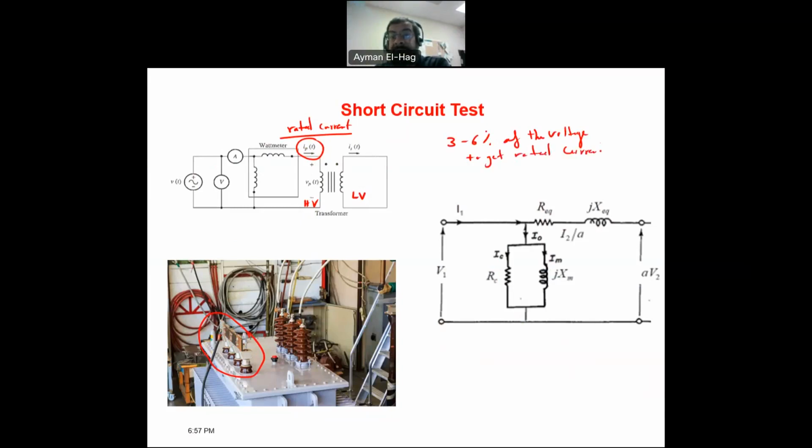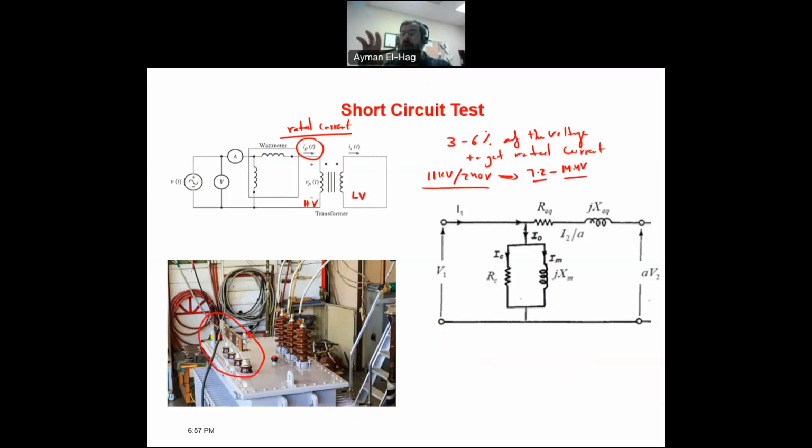Because of the short circuit, I will need a small voltage to make the rated current go through the winding of the transformer. So if again I use the same example of an 11 kilovolt by 240 volt transformer, if I apply the voltage from the low voltage side and short circuit the high voltage side, then I will need 3 to 6% of the 240 volt, which is basically between 7.2 to 14.4 volt, which is an extremely small voltage.